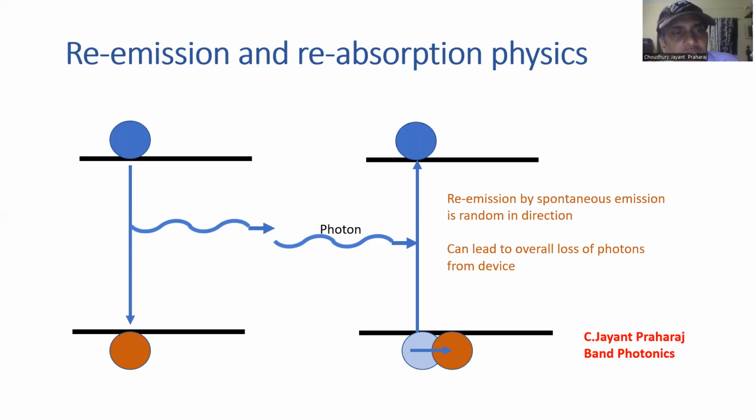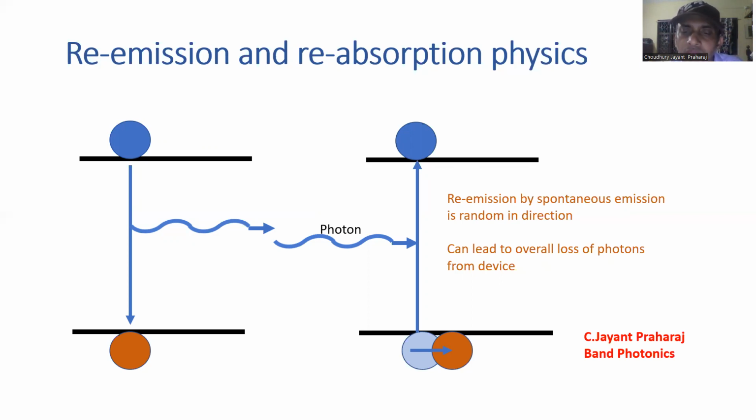So some more details about re-emission and reabsorption physics. The re-emission by spontaneous emission is random in direction and can lead to overall loss of photons from the device. However, as we mentioned, the radiative recombination is above band gap radiation, some of which can be retrieved.